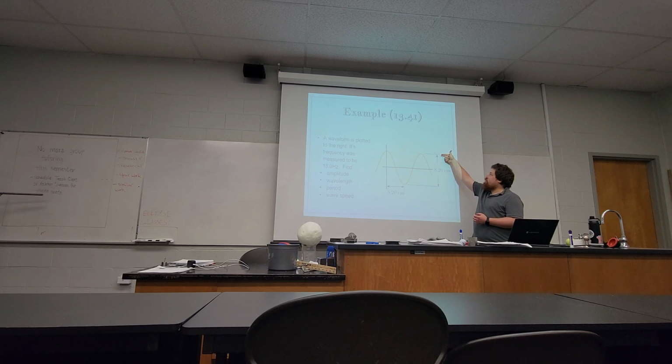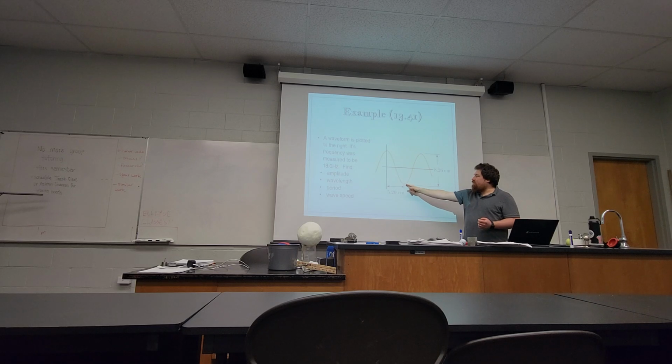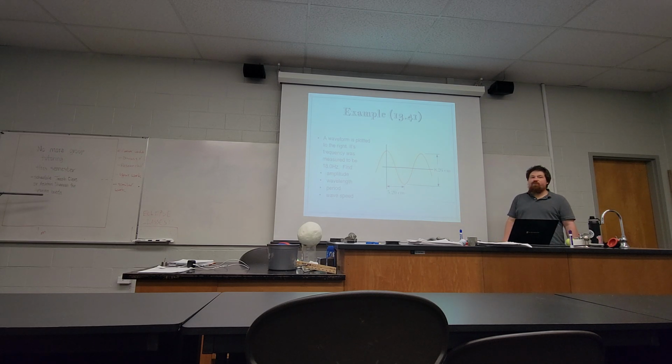The distance from the very topmost highest part of the wave down to the lowest part of the wave is 8.26 centimeters, and the distance from the first crest down to the first trough is 5.2 centimeters. Separately from this image, because you can't really show this with a picture, I'm telling you that the frequency of this wave is 18 hertz. 18 of these waves will travel through an area every single second. So given all of that information, what would be the amplitude of this wave?